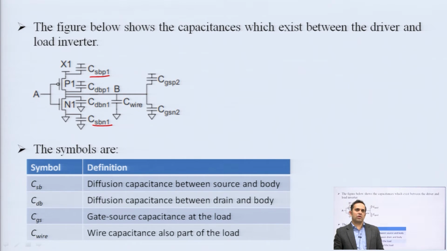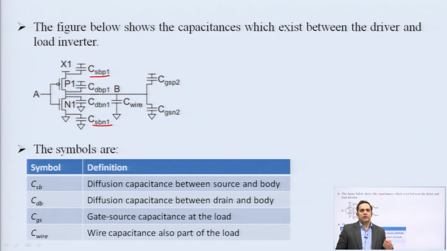These are connected to constant voltages. Source to body capacitance of P1 is connected to VDD. The source to body capacitance of N1 is connected to ground. Now, these are constant voltages, so there is not going to be any kind of charging or discharging. So, there is no issue of delays here.